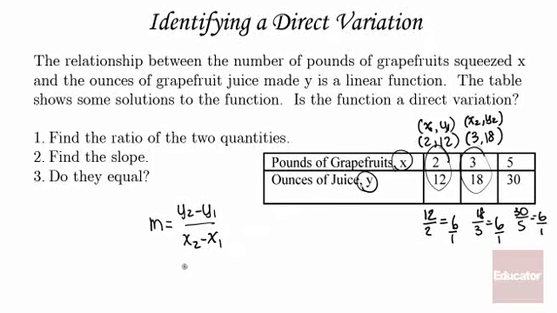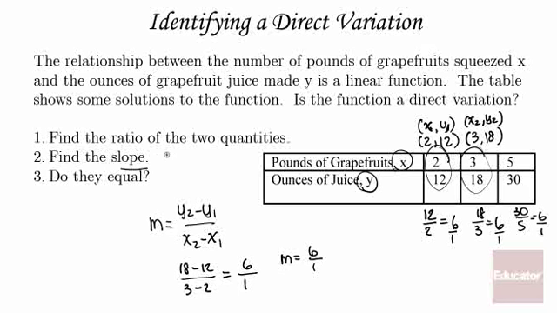So y2 here is 18 minus y1, which is 12, over x2, 3, minus x1, which is 2. 18 minus 12 is 6, and 3 minus 2 is 1. So your slope is also 6 over 1, or 6.